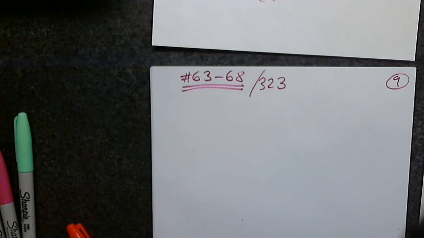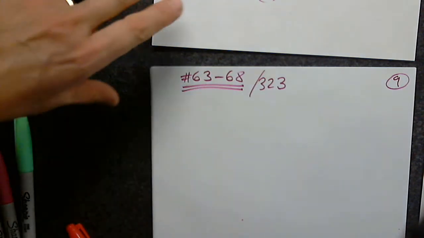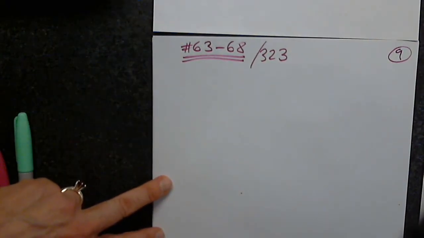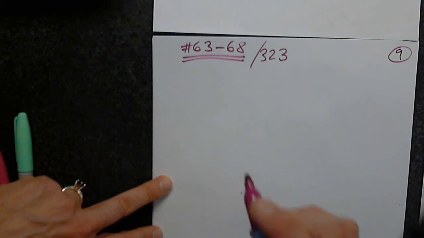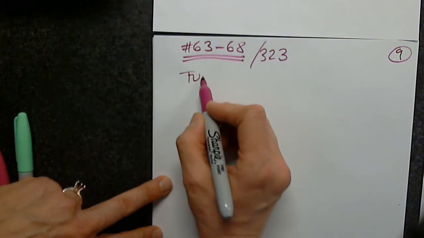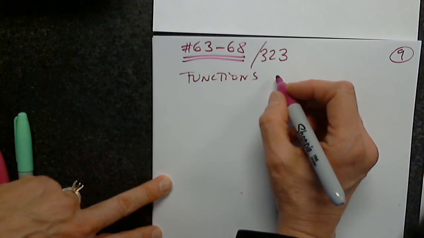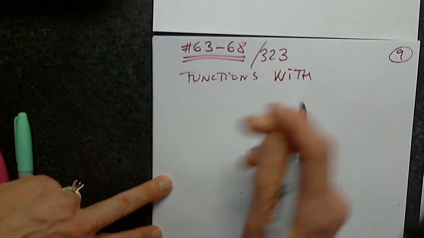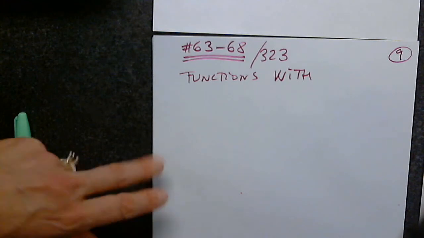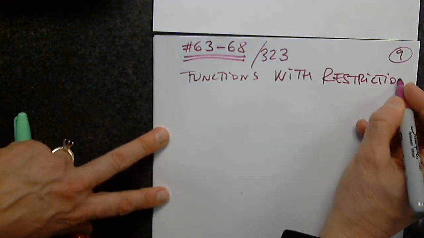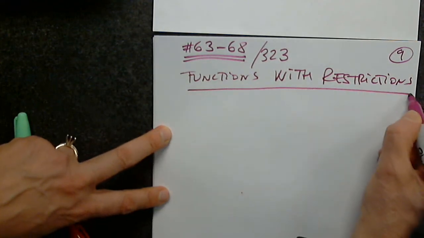Okay, so first let's create a short list of functions that have problems. I'm going to say functions with restrictions, which means x cannot be any real number. Functions with restrictions.